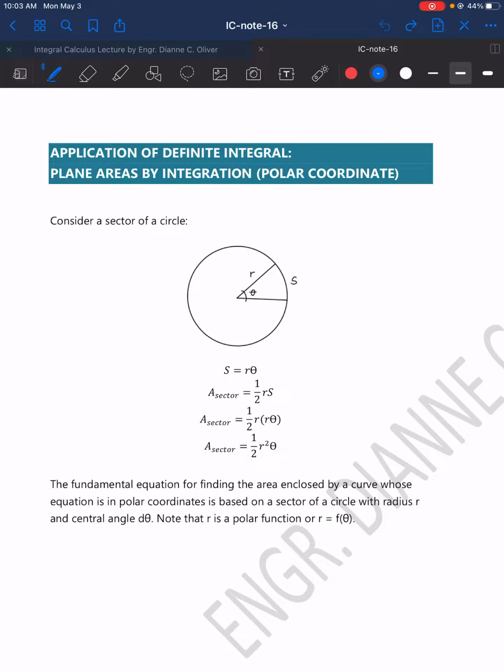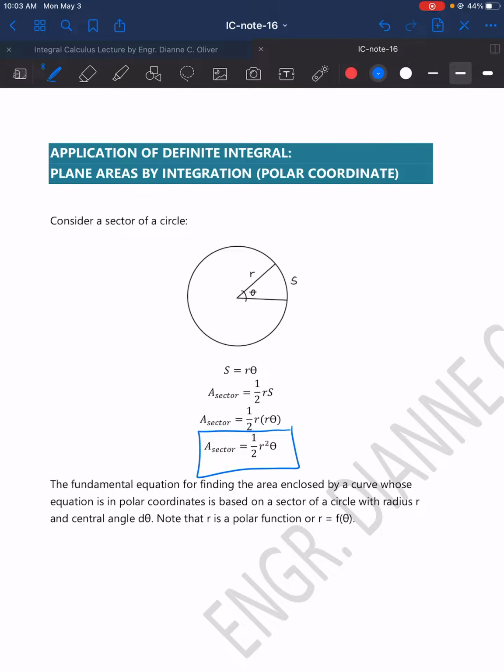Then if we substitute the arc length for the S, therefore the area of the sector becomes 1/2 r squared theta.